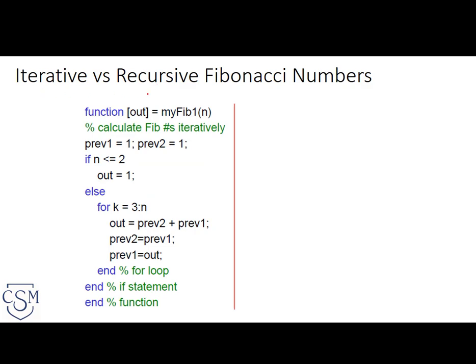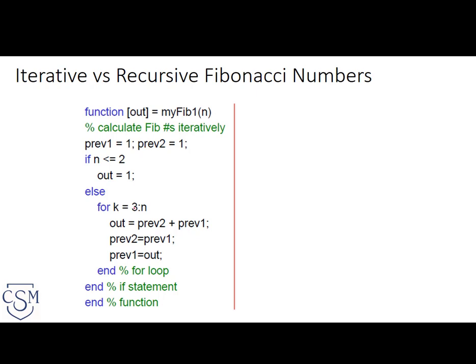So let's think about how we could code this iteratively first and then recursively. The iterative function could accomplish this with a for loop, where we have the previous 1 and the previous 2. This is sort of the base case. Iteratively, if n is less than or equal to 2, we know that the first 2 Fibonacci numbers are just 1, so we could just return 1.